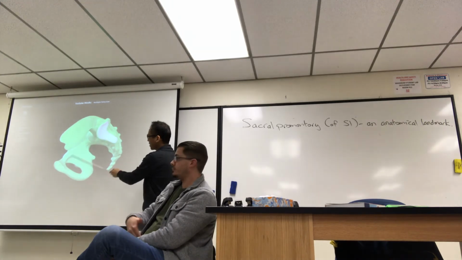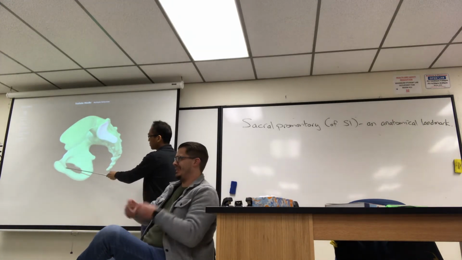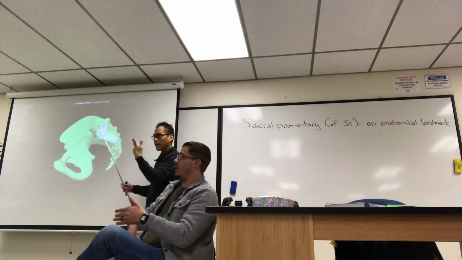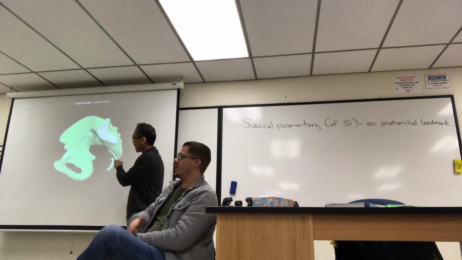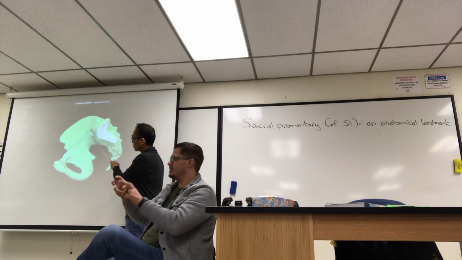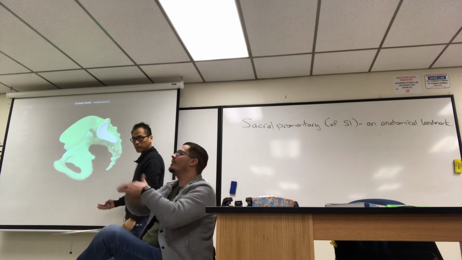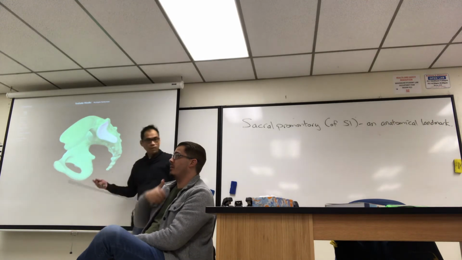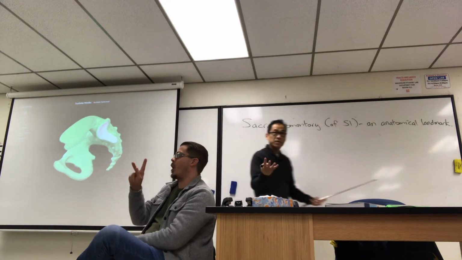Now this distance, I think it's something like 17 centimeters. Anyways, obstetricians can palpate this with their fingers. They can try to examine the width here when you're giving birth. I haven't done this myself, but that distance is measured as a landmark.